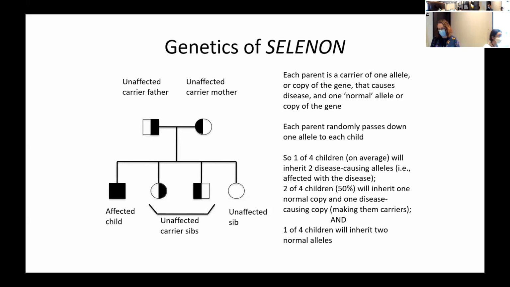Half of the children, these 2 over here, would inherit 1 normal copy and 1 disease-causing copy, and so they would be unaffected but carriers. And 1 sib would inherit both of the normal copies and would wind up neither being affected nor being a carrier. So that's the very basic math underlying some of the higher level predictions.